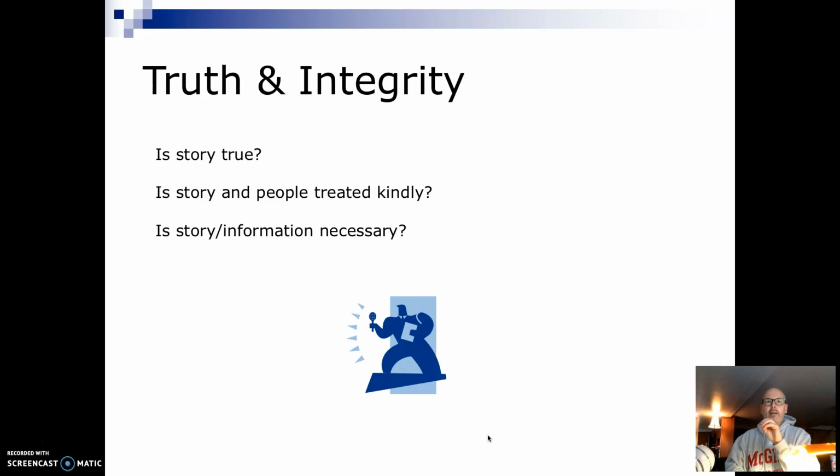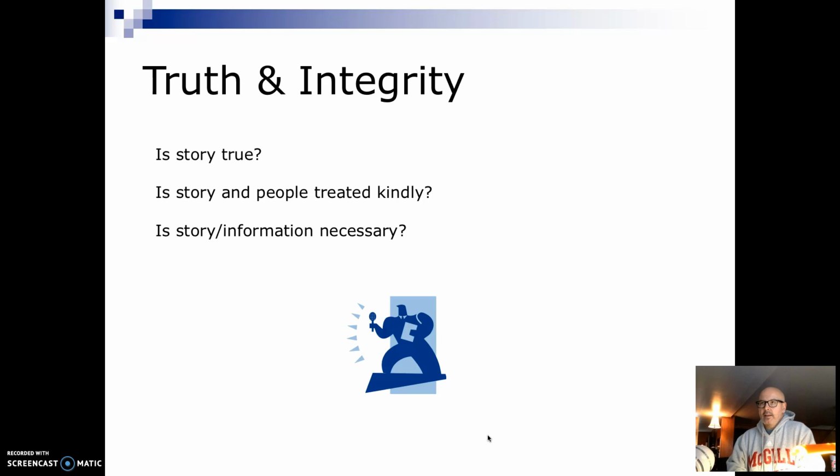Are people treated kindly in the story? Do you just simply report the facts, give them some place to feel human and recognized and respected in the story? And is all of the story itself necessary, and the information that you give necessary for the reader?